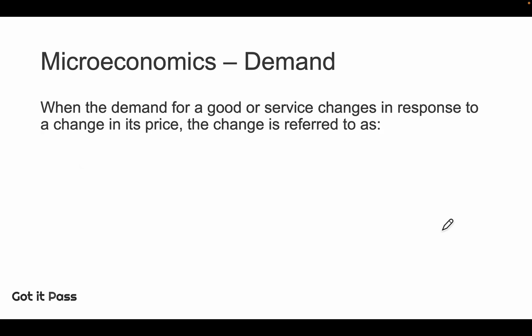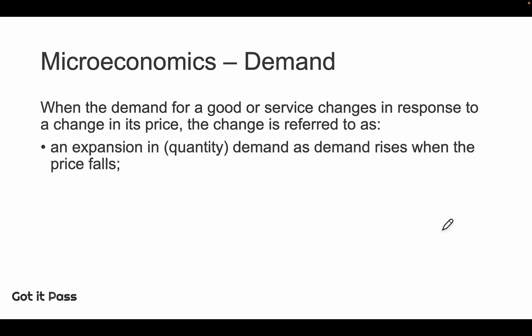When the demand for a good or service changes in response to a change in its price, we have two terms to explain this change. First, an expansion in quantity demanded, as demand rises when the price falls.